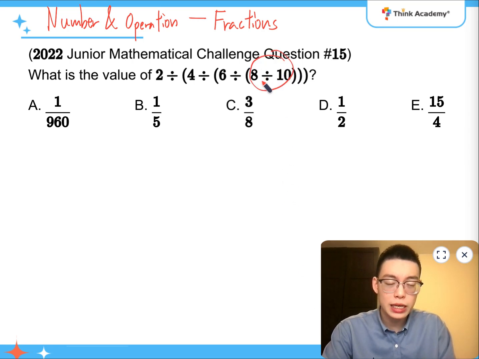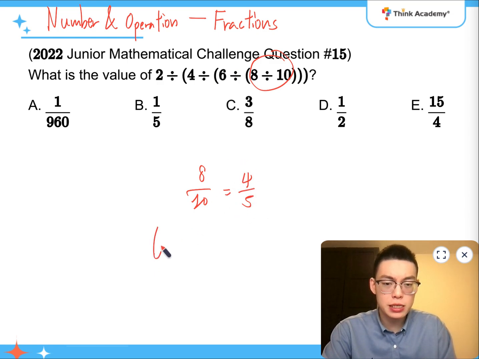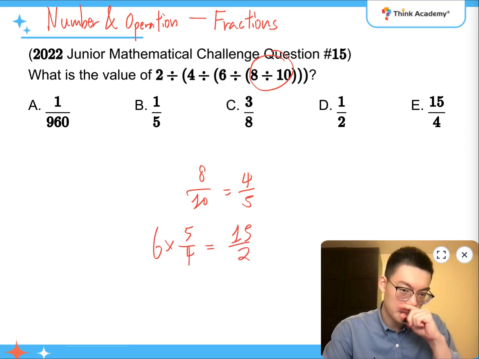First of all, we can have 8 divided by 10 as 8 over 10, which is equal to 4 over 5. And then when 6 is divided by 8 over 10, we have 6 multiplying the reciprocal of it, right? Which means 6 times 5 over 4. And that's going to be equal to 15 over 2.